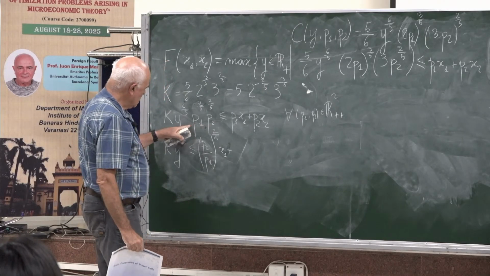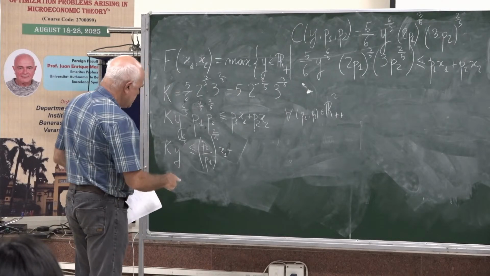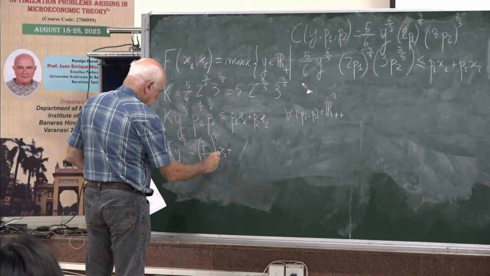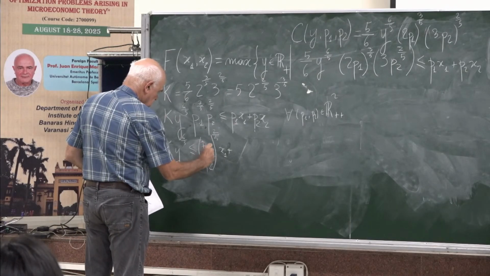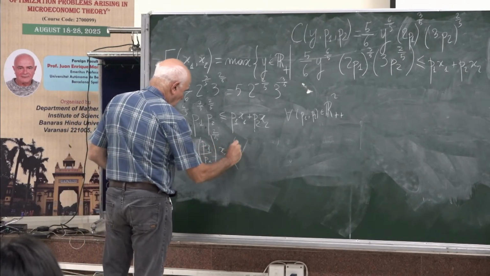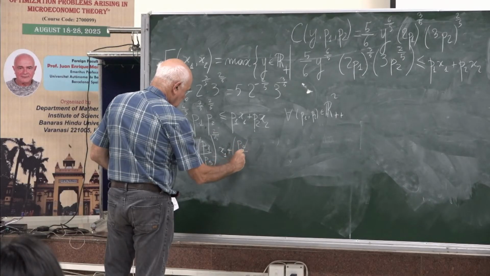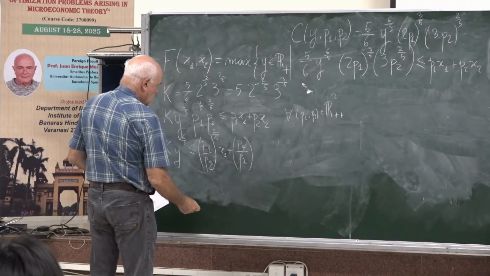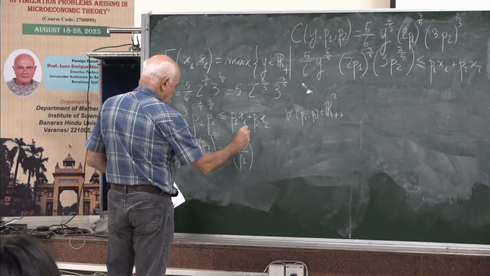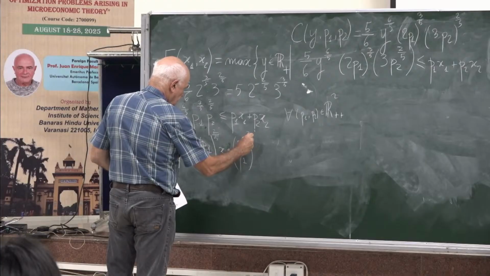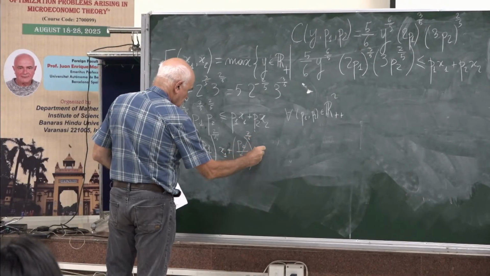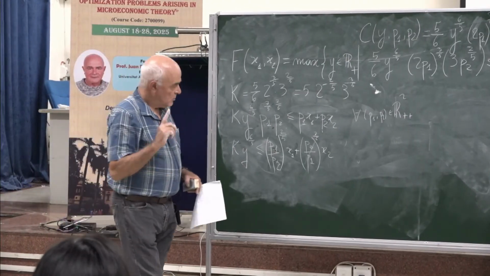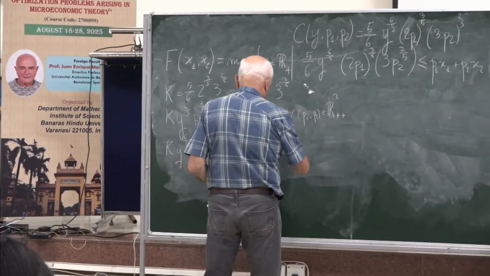So P1, no, here is P1 over P2, and here is P2 over P1 to the power 3 over 5 times x2. Is this correct? For every P.